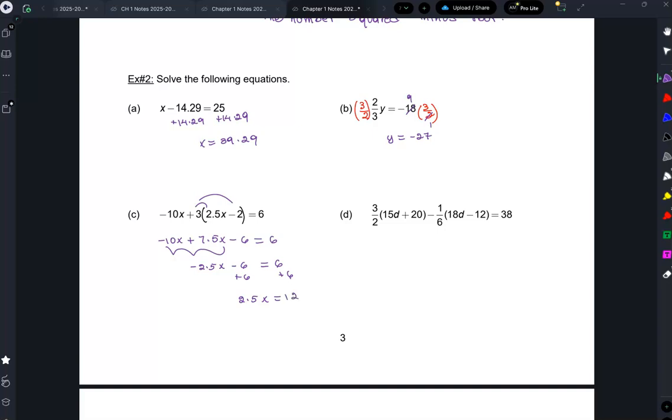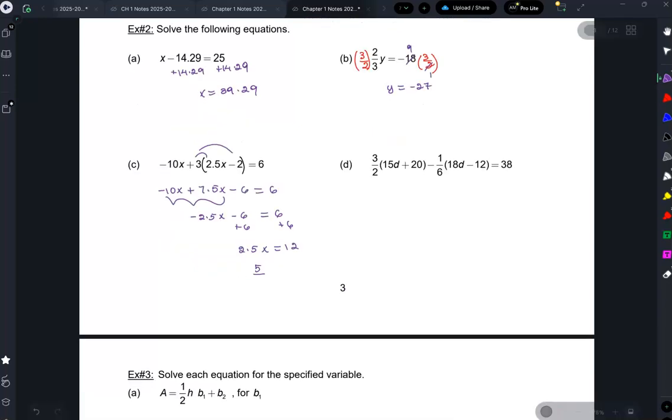Now, on your quiz, you are not going to have a calculator. So all this needs to be done without a calculator. That means wherever possible, change decimals into improper fractions. So like this one, if you do 5 over 2x is equal to 12, now it's so much easier to work through this.